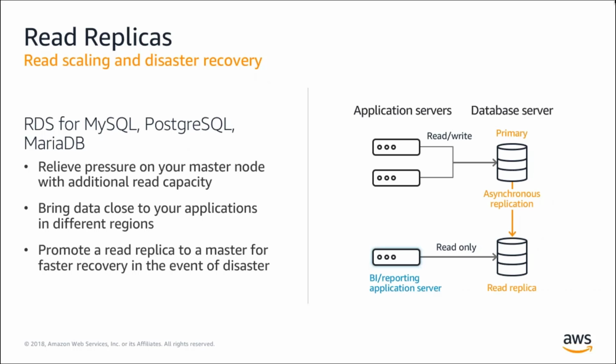The other advantage that you have with read replicas is you could actually even deploy these read replicas in different regions, which means you could have your read queries closer to your applications in different regions. We do give you the ability to promote a read replica to become a master, which means you can also use this strategy as a DR story, especially across regions where Multi-AZ will not be available.